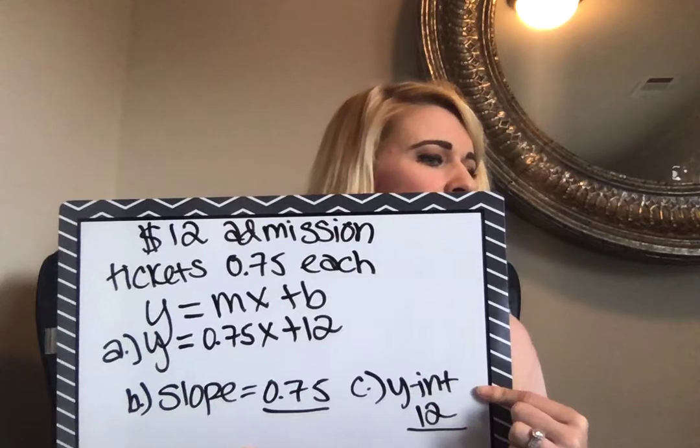So then it says, describe what a graph of this relationship would look like. So I need to figure out, okay, where's it going to start on my graph? Where would my point start? It would start at 0, 12.